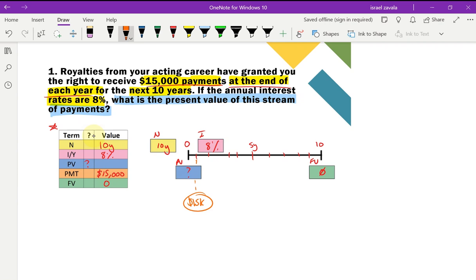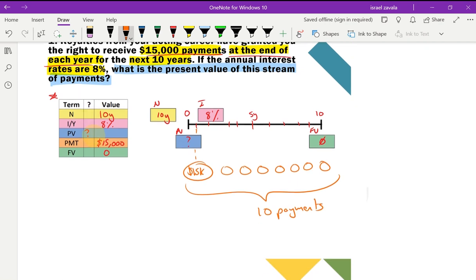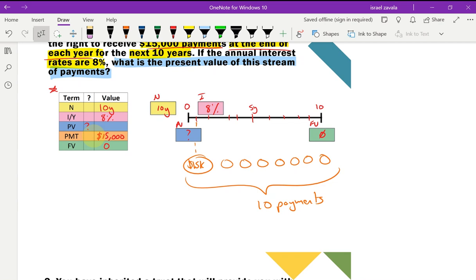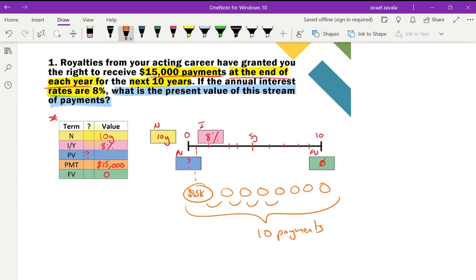Remember, in my previous video, it's $15,000 times 10 because there are 10 years. There's a stream of $15,000 payments all the way through. The bubbles may not be 10, but you should know that there are 10 payments of $15,000, and each one would be exactly $15,000. You can watch the previous video to understand that a little better.